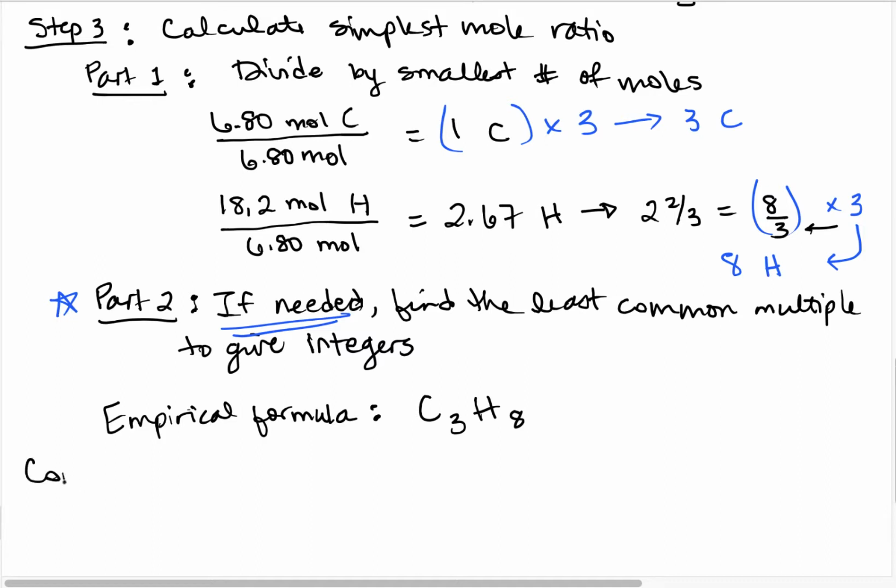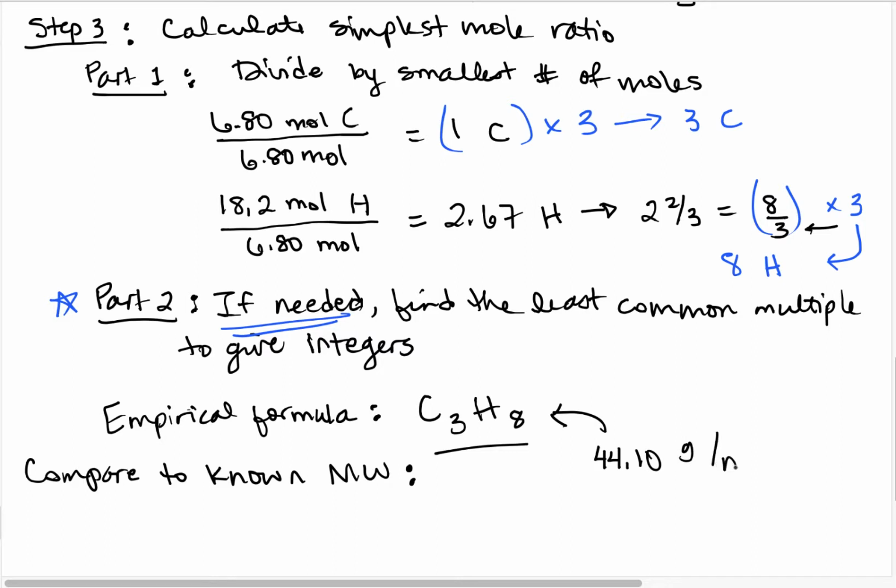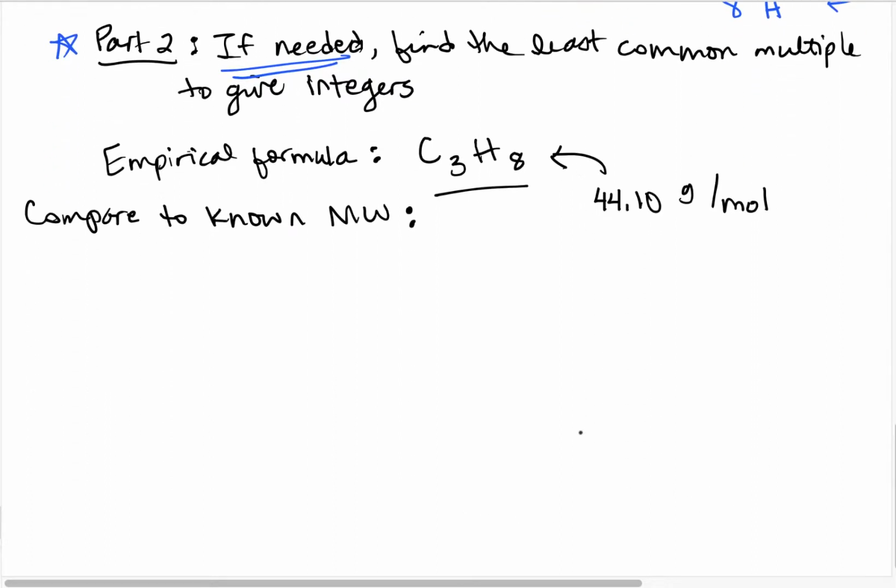We would need to compare to the known molecular weight if there is one. So go ahead and calculate the molecular weight for C3H8. I got for my molecular weight here that it was 44.10 grams per mole, depending on how many significant digits you keep.